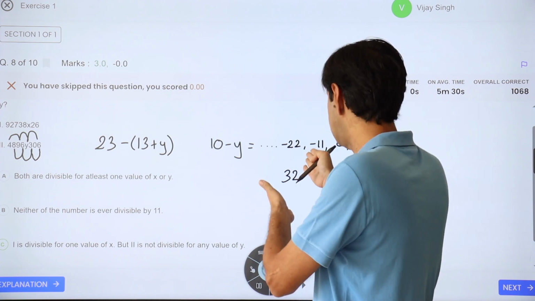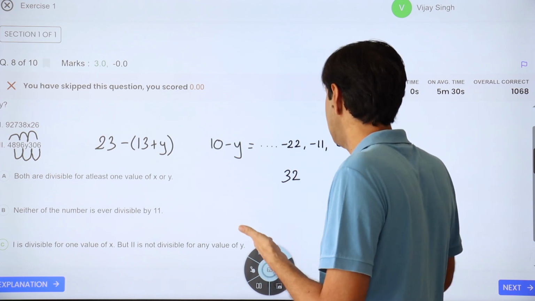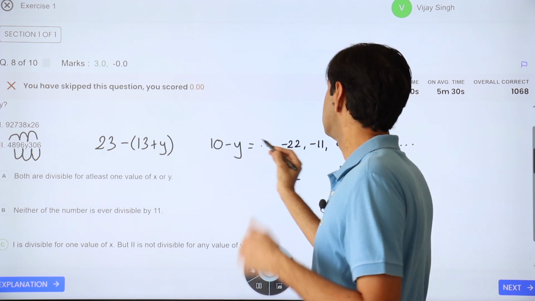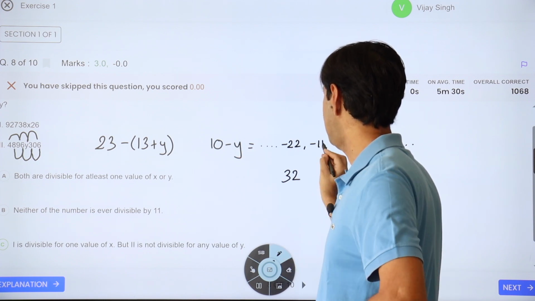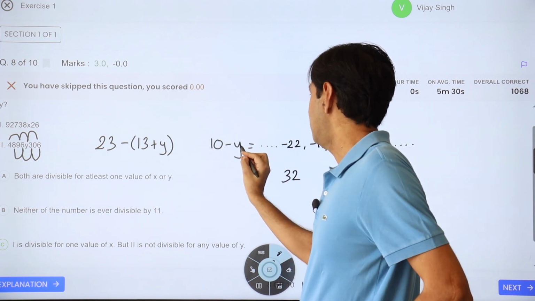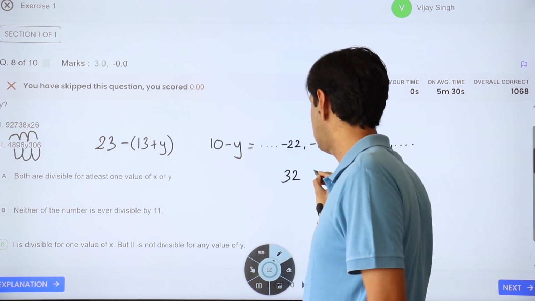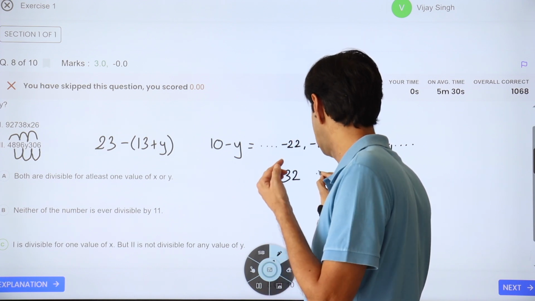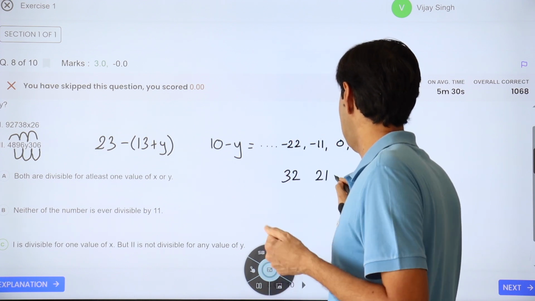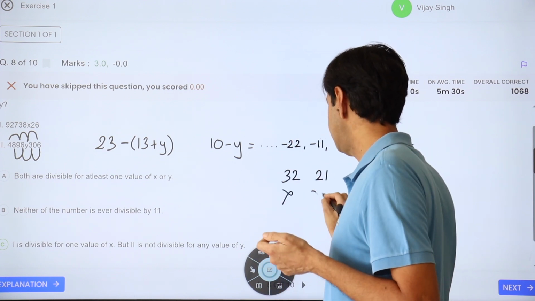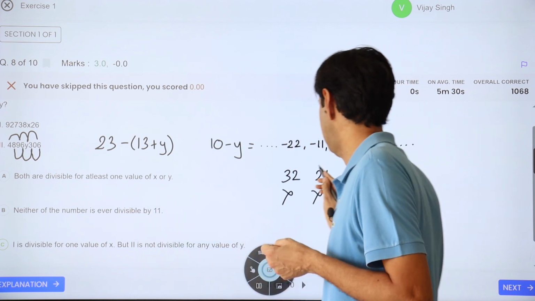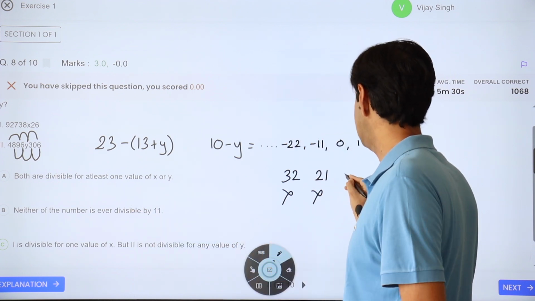Like, I know that this difference has to be 11, 11, 11, 11. So if I want this to be minus 11, the 22, 21. And obviously y can't be these values. It's a single digit value, right? So subtract 11, 10.